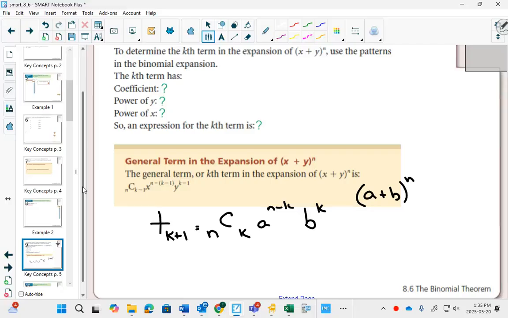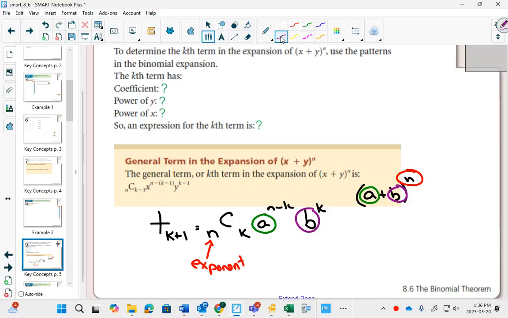So some things to notice. The n, that's the exponent right here in the original expansion. The number that goes here is always your first term. The number that goes here is always your second term.